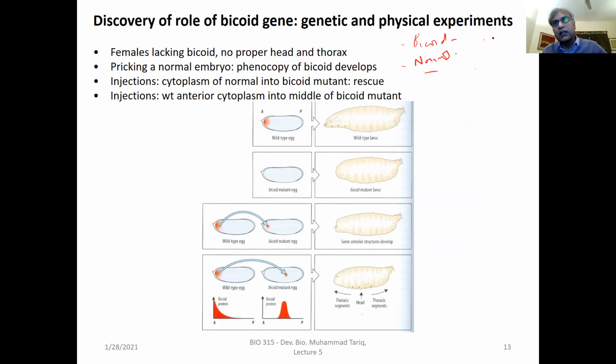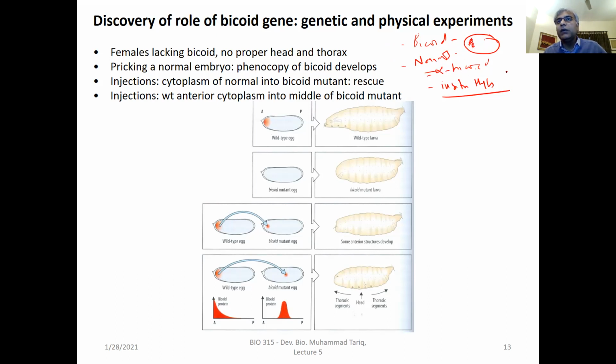You will take a fruit fly embryo and an antibody against bicoid, and you will also do in situ hybridization. In situ hybridization will tell you, okay, messenger RNA signal is lying there.